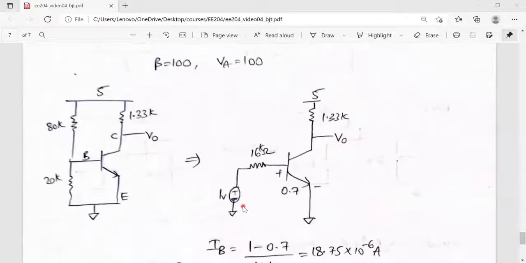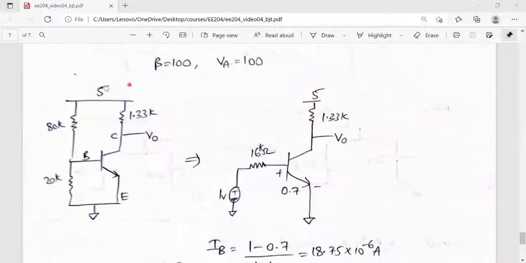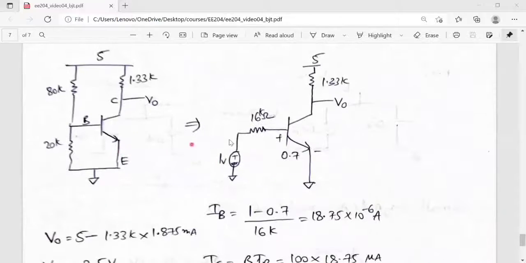Let's take an example. Beta is equal to 100, VA is equal to 100. In this configuration, we will first have to find the VBE to find whether it is in active mode, saturation mode, or cutoff mode. We can use the Thevenin equivalent to simplify this part to this part. Here we will find this.